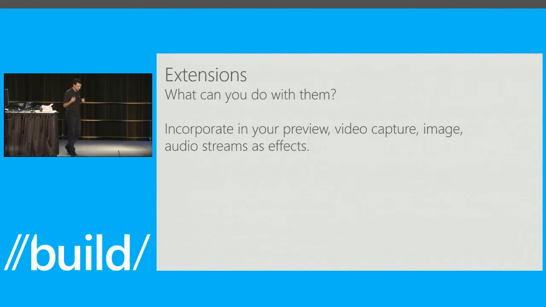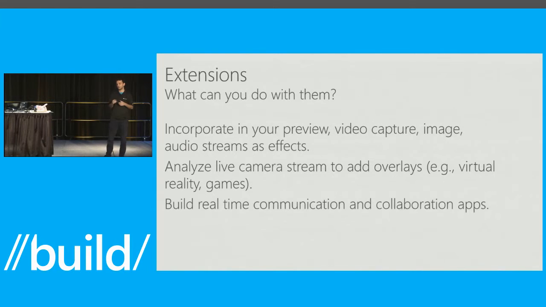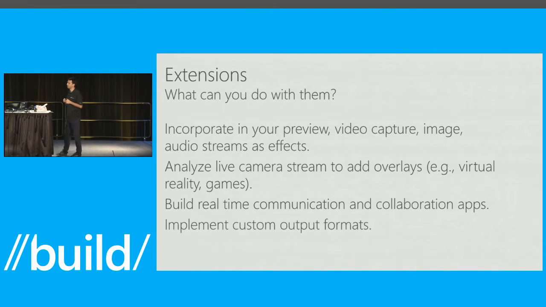You can incorporate effects into the preview image or the video feed. You can analyze the camera stream that's coming out of the camera to do overlays, like you could do virtual reality or games with an extensibility point like this. Or you can build real-time communication and collaboration applications. We're going to talk about these two in more detail. Or you can implement some custom output file formats if the ones that we're providing for you are not satisfactory.